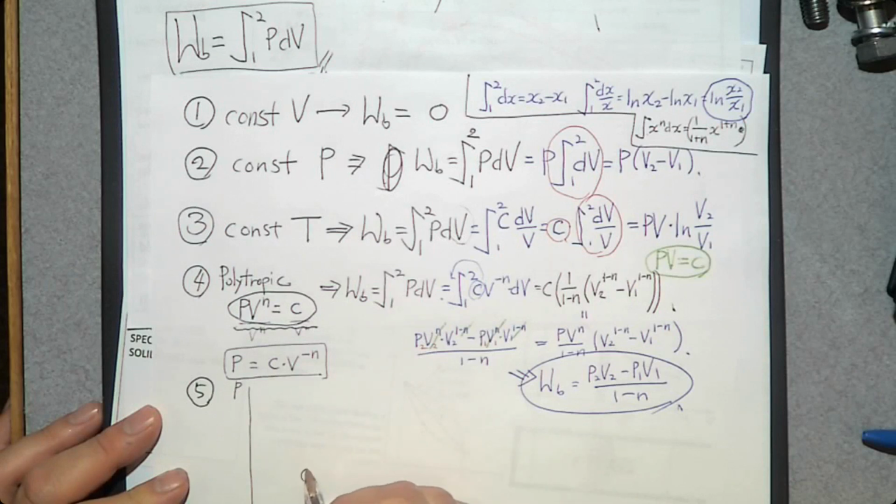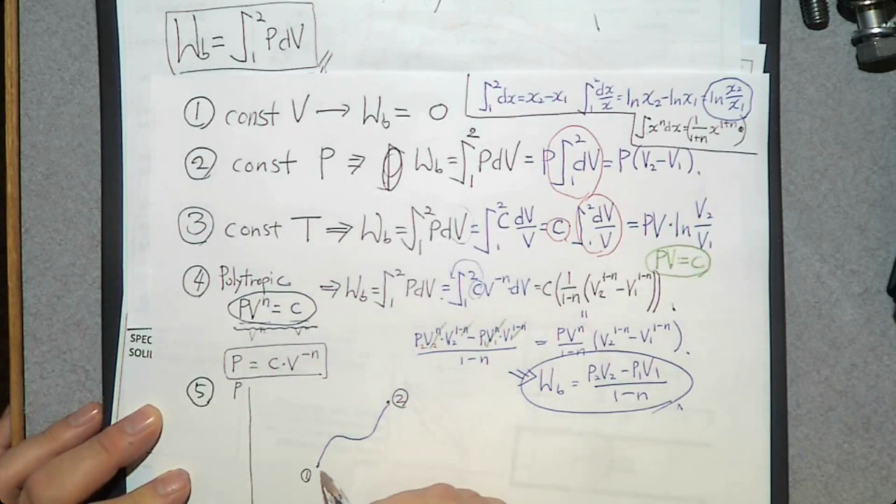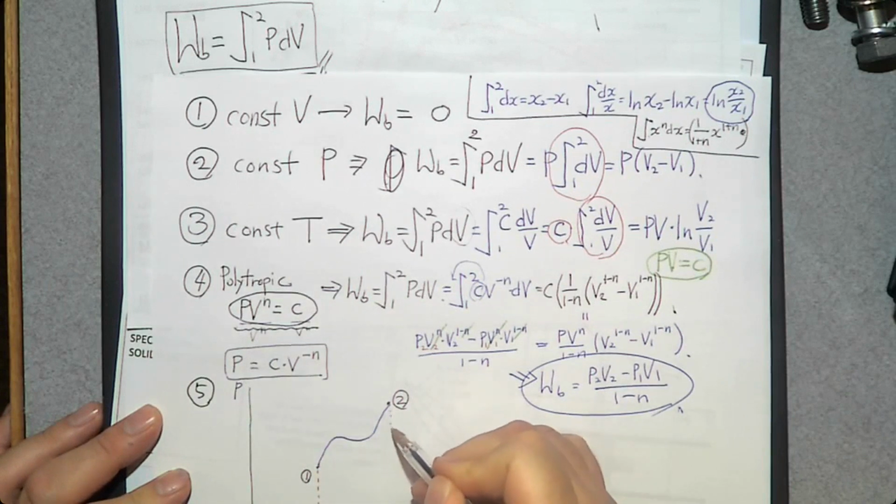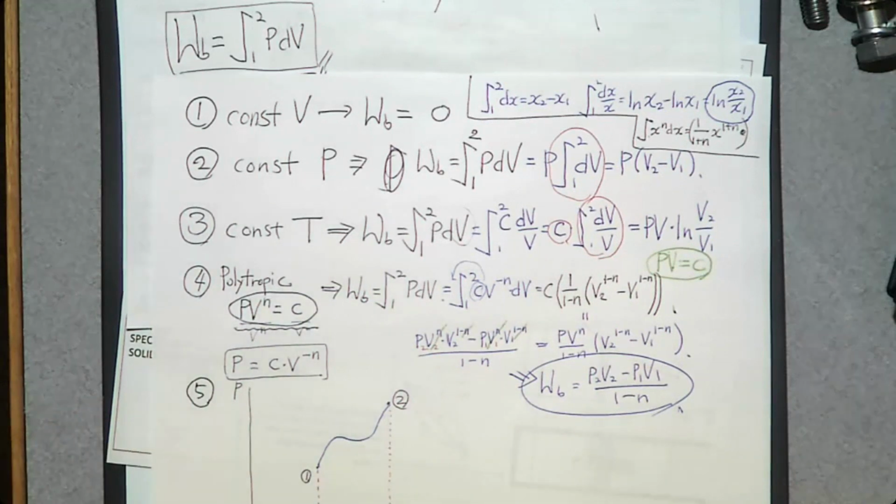Let's say there's a number 1, initial state. This is number 2, the final state. I don't know how they are connected. Maybe this way, this way, this way. Then integration means, what is the integration of a point? Line.